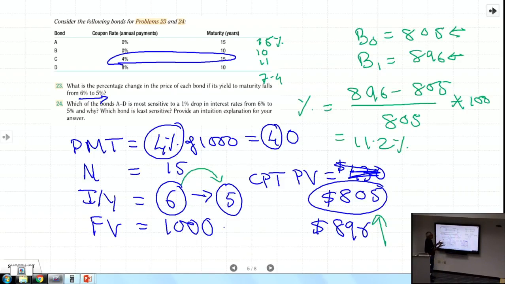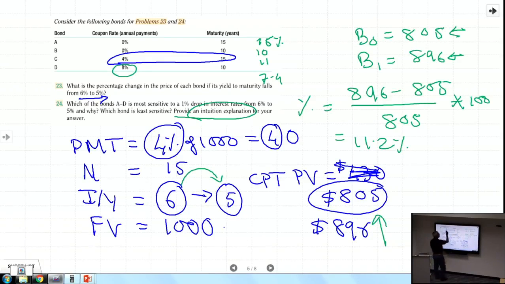And the math is pretty straightforward and simple. But the question that is interesting over here is to provide an intuitive explanation as to why that would be the case. Notice that the bond that is least sensitive to changes in yield or interest rate also happens to have the largest coupon. So the larger the coupon, the lesser the sensitivity to interest rate changes.